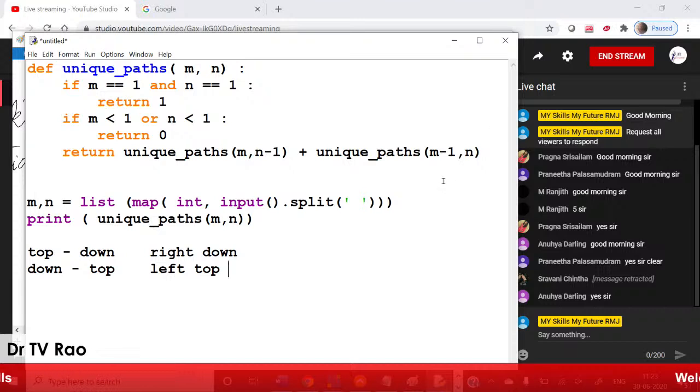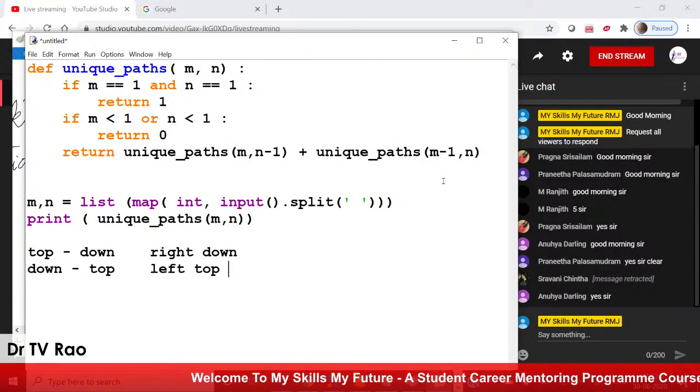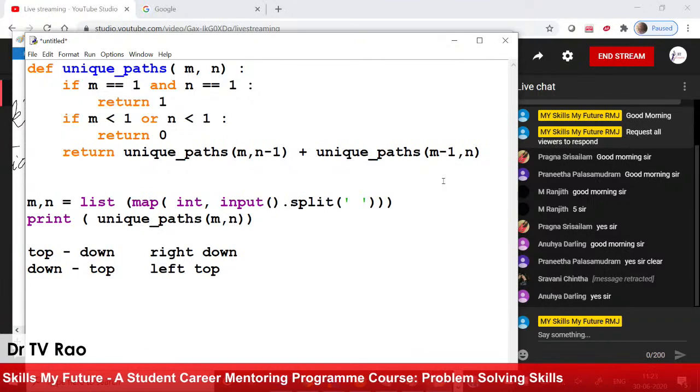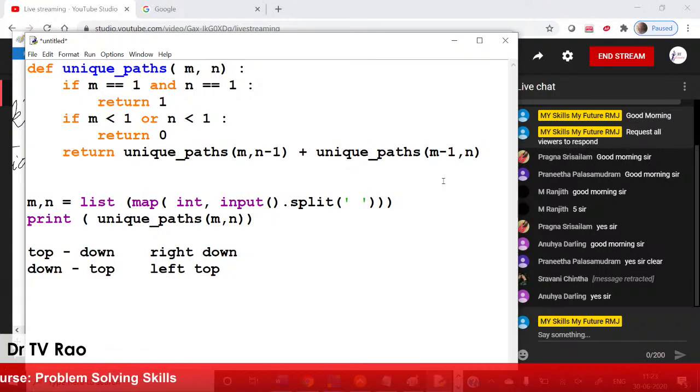Is this clear? So let us find out number of ways.